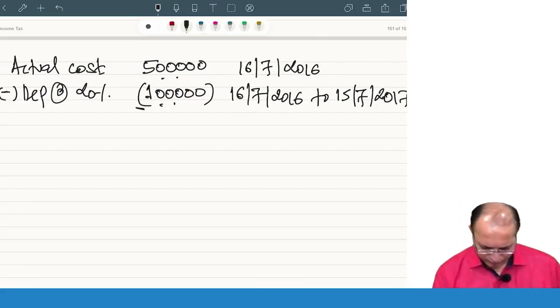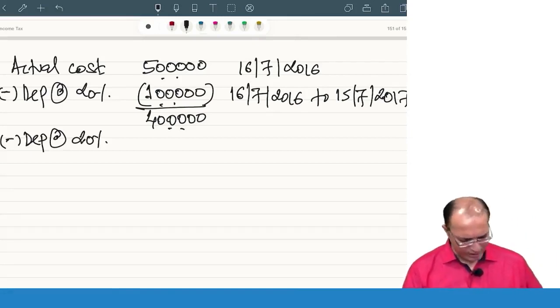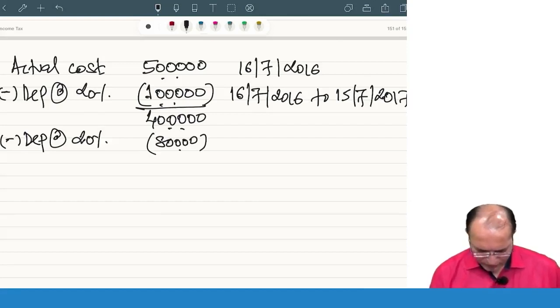So the WDV will be 4 lakhs. Once again, you have to deduct depreciation at the rate of 20%, WDV method. 20% of 4 lakh will be 80,000 rupees. This is depreciation for which period?